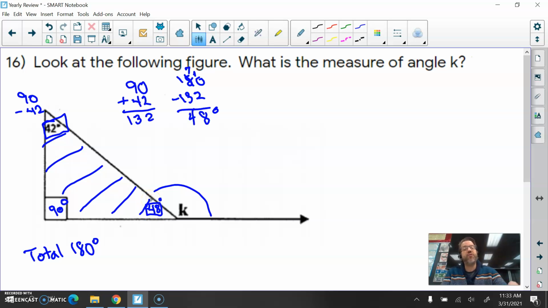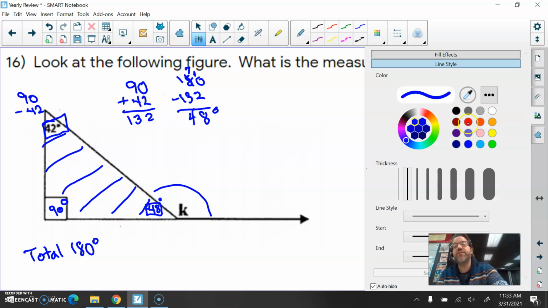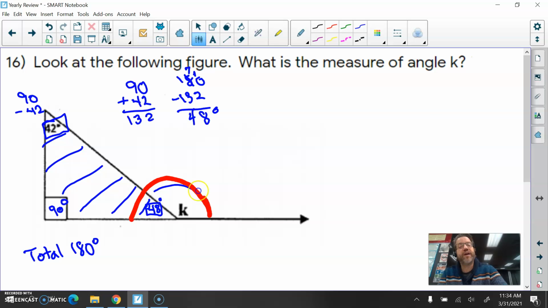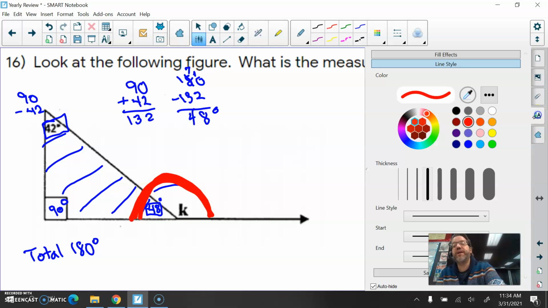Okay. Now that I know that's 48 degrees, these two angles together, maybe I'll change colors here so you can see a little easier what I'm trying to show you. These two angles together add up to 180 degrees. Okay, those are supplementary angles.